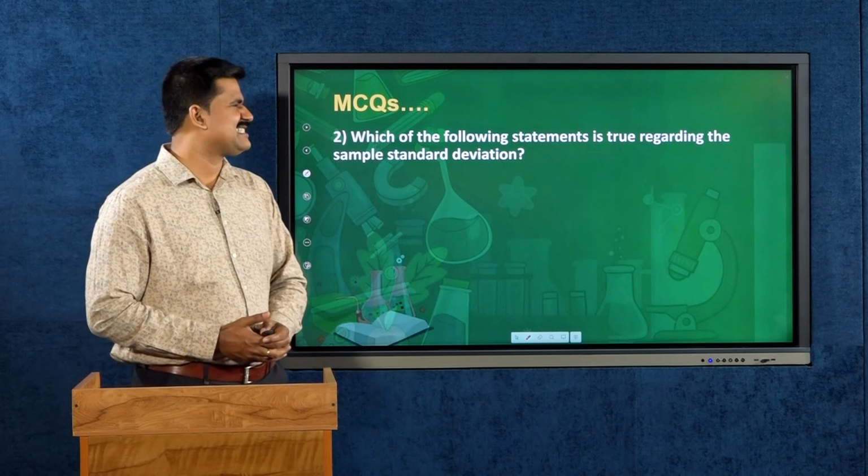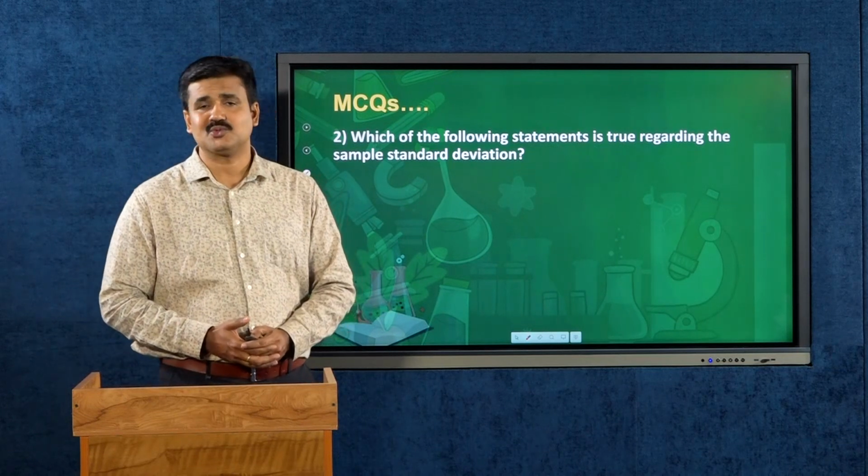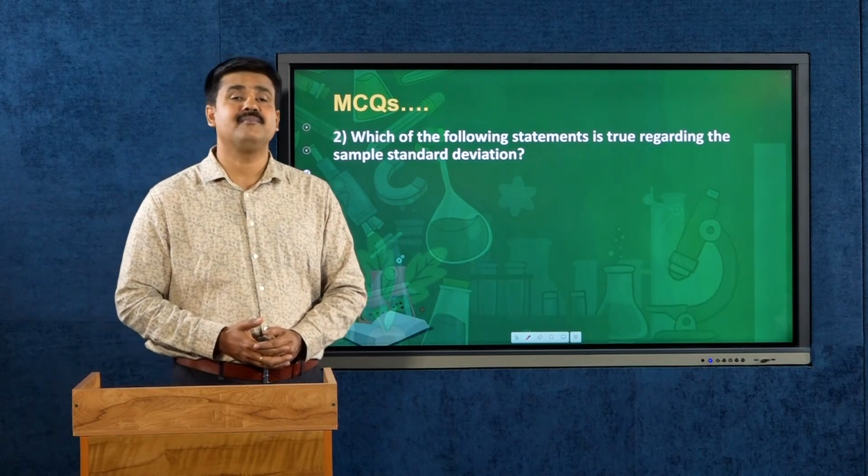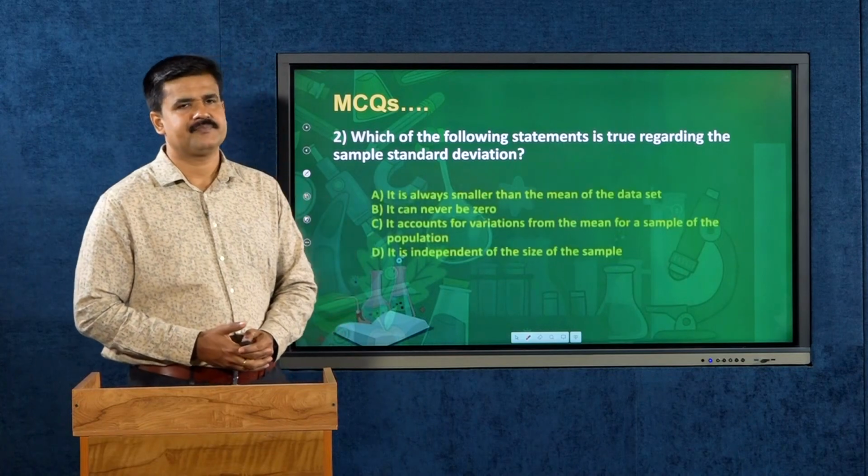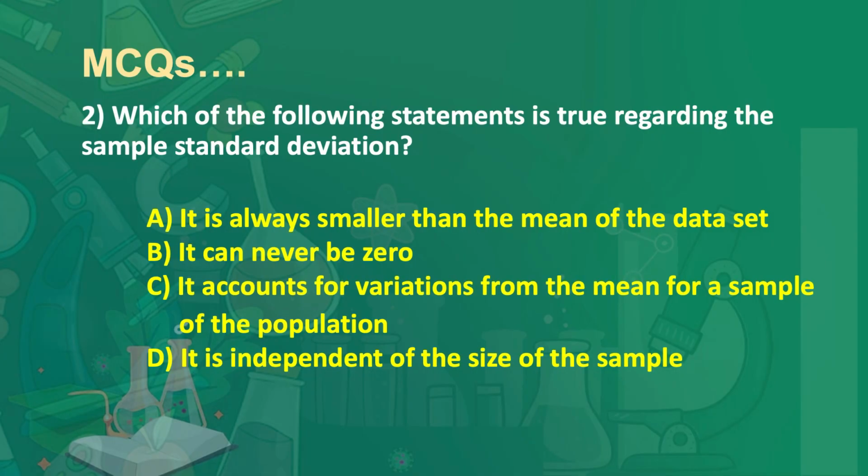Which of the following statements is true regarding sample standard deviation? These are the options. It is always smaller than the mean of the data set. It can never be 0. It accounts for variations from the mean for a sample of the population. It is independent of the size of the sample.